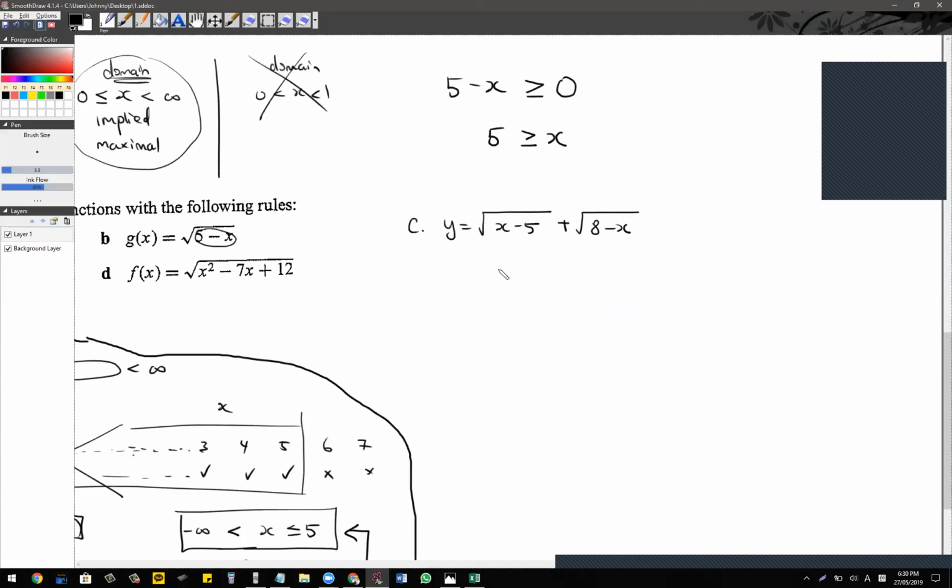So we have x minus 5 is greater or equal to 0, and 8 minus x is greater or equal to 0, which gives us x is greater or equal to 5. And here, if you move the x to the other side, then you get 8 is greater than or equal to x, right? So we got two answers here.